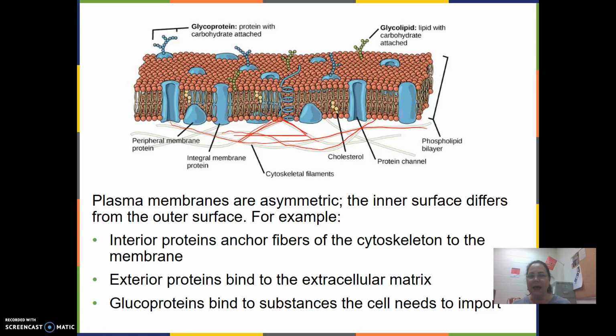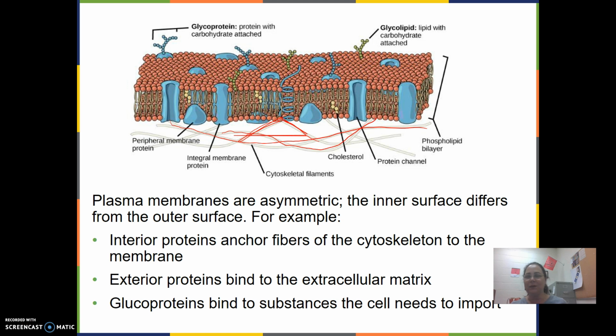Exterior proteins bind to the extracellular matrix. In other words, whatever is on the outside surface of the cell, the exterior proteins will bind to that material, whether it is another plasma membrane or some chemical complex in the tissue fluid or in the tissue itself. Most cells are connected to other cells, at least on one surface or more.